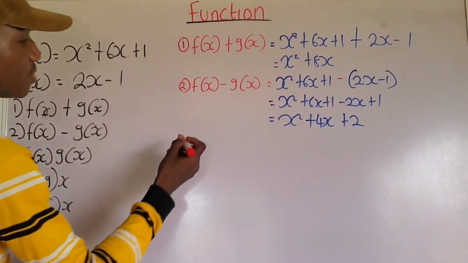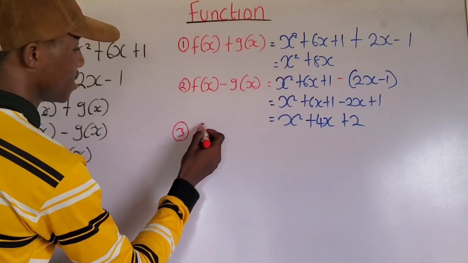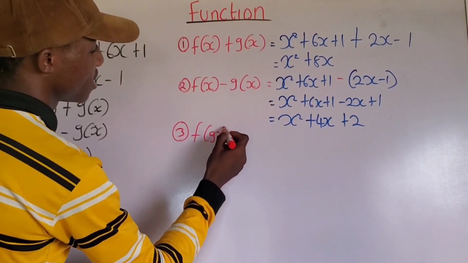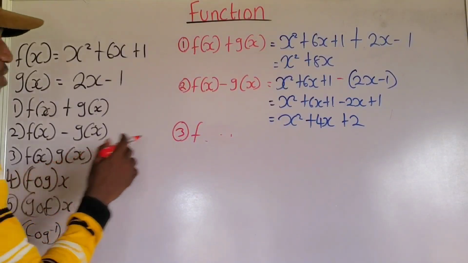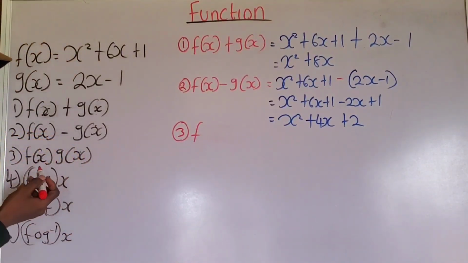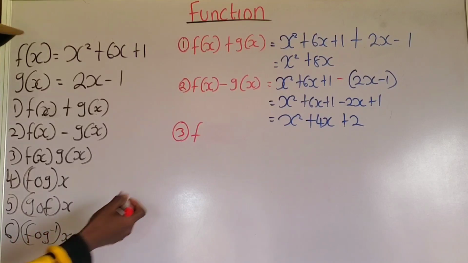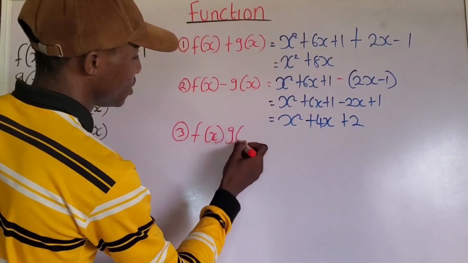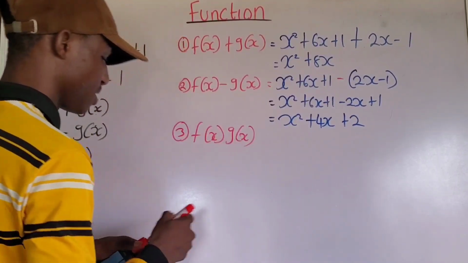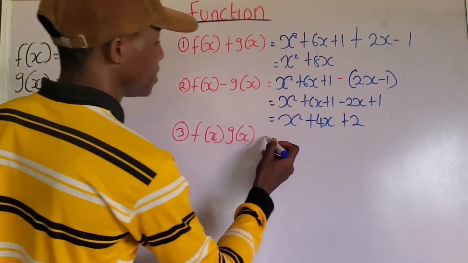Now for question 3, we have to determine f of x multiplied by g of x. The sign between f of x and g of x now is a product sign. So we're going to have f of x times g of x.